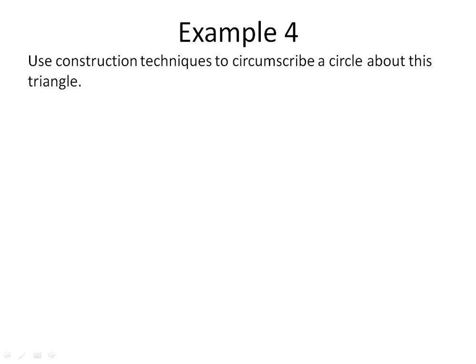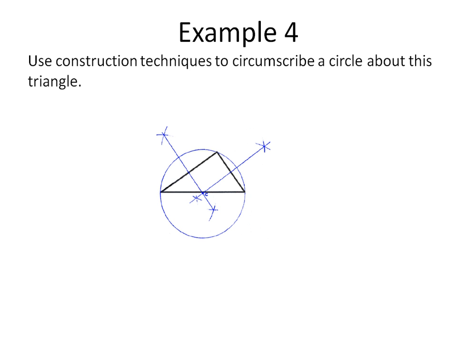Okay, so we're going to use construction techniques to circumscribe a circle about this triangle. So here's what we do. We have a triangle. First thing we do is bisect two of the sides. So we use the compass to find the midpoint of this and draw the line through it, which will be the perpendicular bisector. Do the same thing with another side and extend the line from that point straight out until they cross each other.